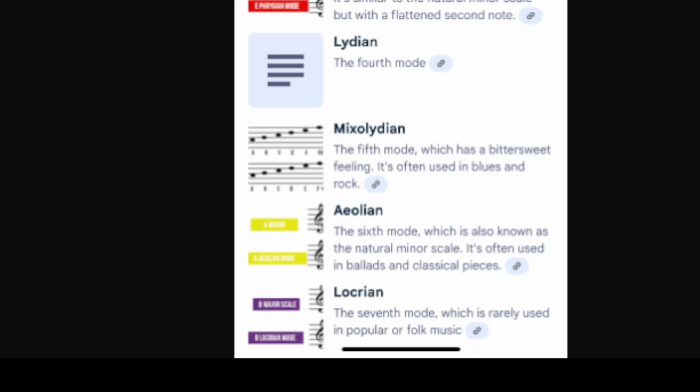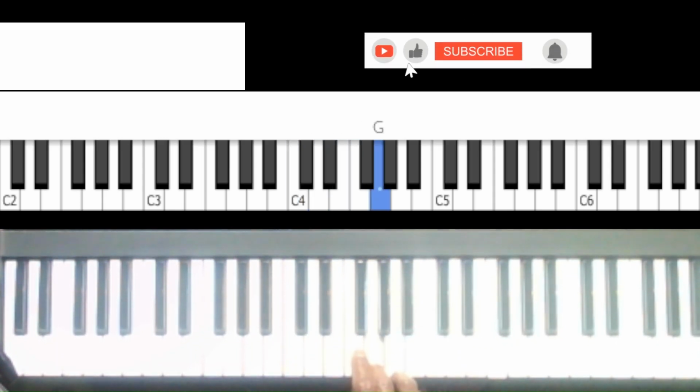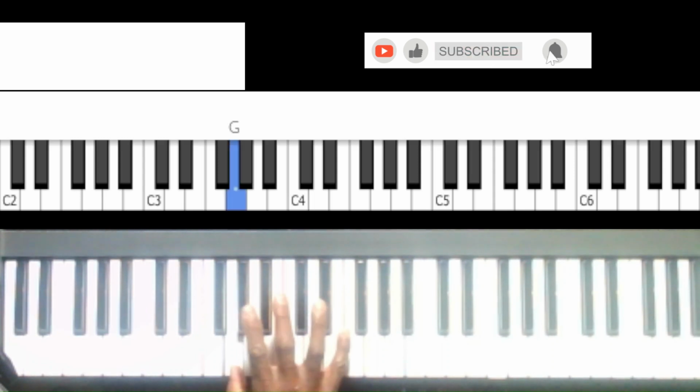Mixolydian starts on the 5. Let's see how it looks. So the 5 is G. So 1, 2, 3, 4, 5. So 5 is the Mixolydian. So it's do, re, mi, fa, so. So you're going to start on so.